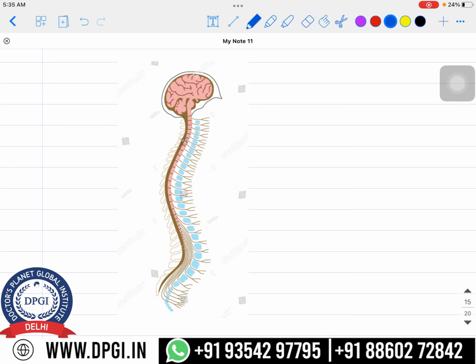What is the craniosacral region? This particular part is obviously the brain, which comes in the cranium region, so I'm calling it C. And the lowest part of the spinal cord, particularly this much region, we call the sacral region, so I'm writing it as S. So craniosacral portion basically.